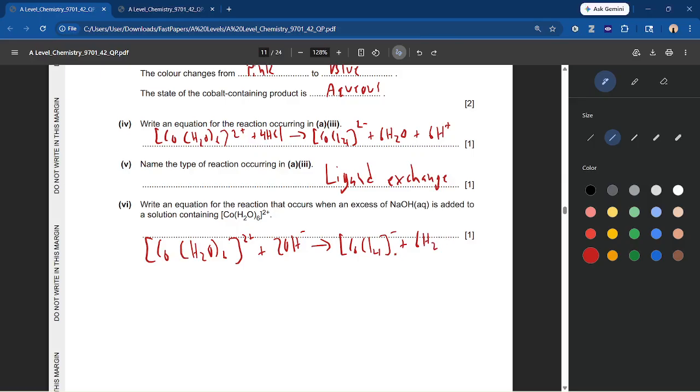Oh, I'm so sorry, why did I write cobalt chloride? My mind's still in the previous question. So this will be Co(OH)2 plus 6 H2O.